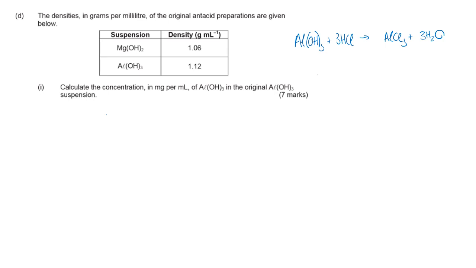Alright, so what do we know? We know the number of moles of HCl is C times V. So from part B it was 0.05092 and our titre value was 0.02194, 21.94 mLs, which is 0.00117.